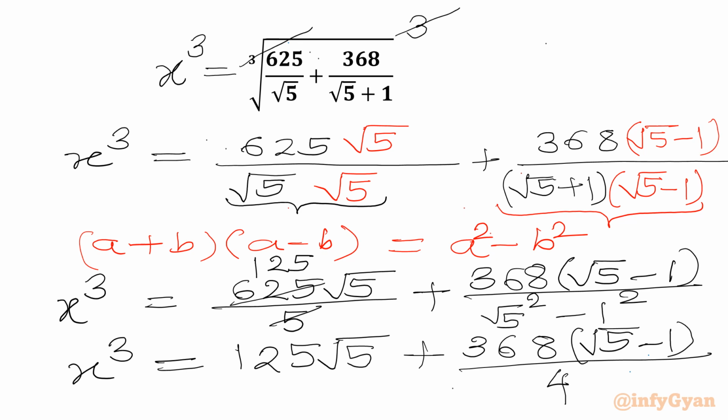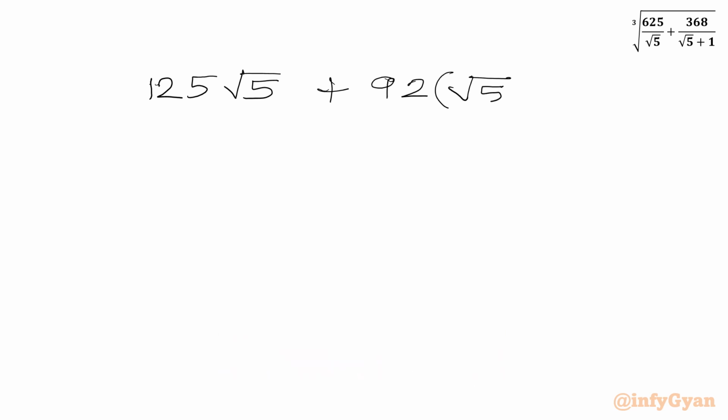Now we can cancel 368 by denominator 4. So it will give us 92. So I can write x cube will be equal to 125 square root 5 plus 92 times square root 5 minus 1.